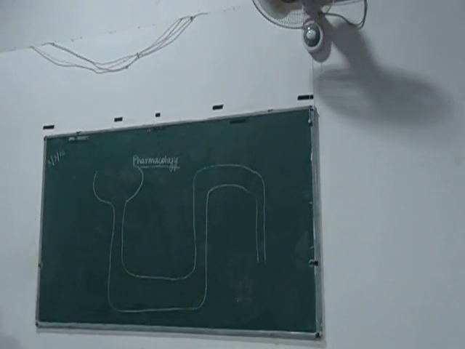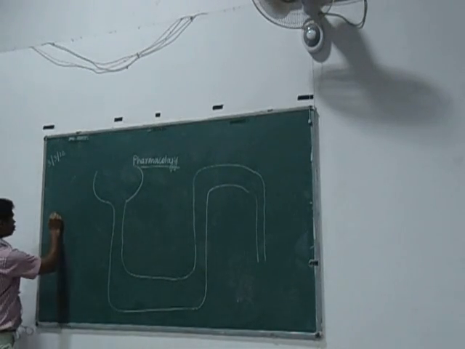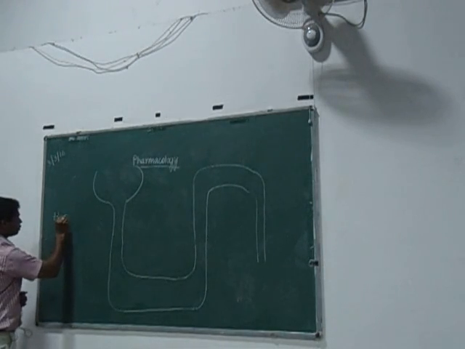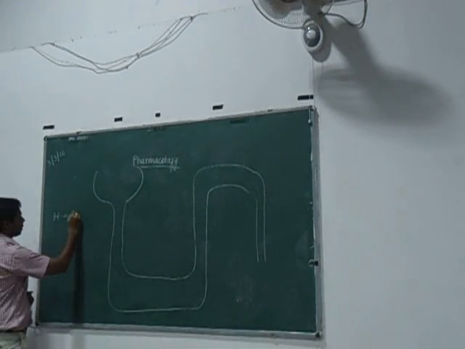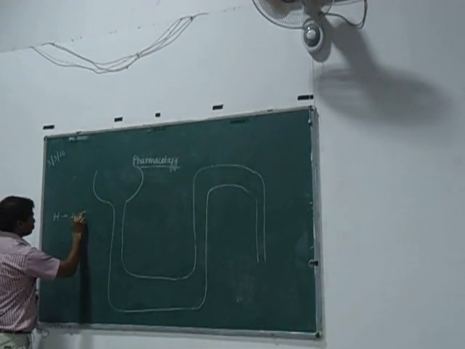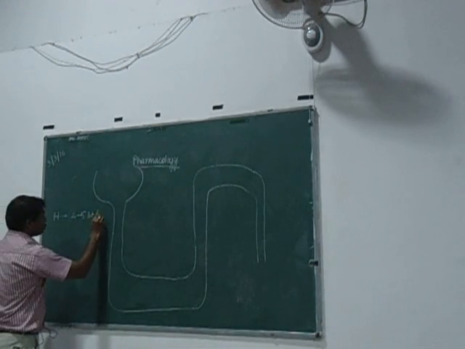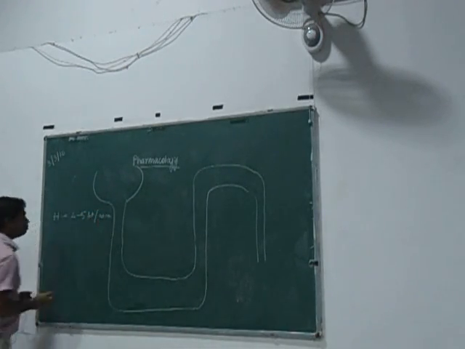So today I am using this part. I'll just briefly tell about the basic concepts. How much blood does the heart receive per minute? Any idea? 4 to 5 liters per minute.